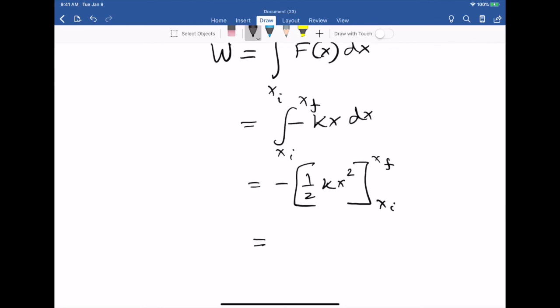And once you plug in the limits, you get minus half k times (x final squared minus x initial squared). And that's the answer. So that is the work done by the spring force.